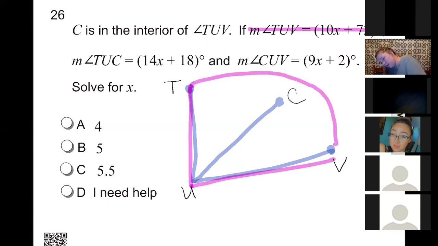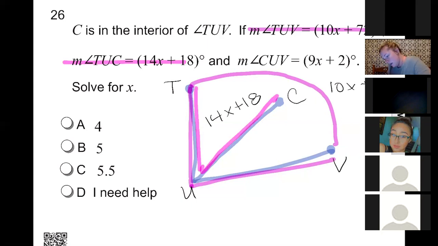Which I'm going to write on the outside right here is 10x plus 72, okay? Then looking at it further on the inside, you have TUC. TUC is right here. And they tell you that is 14x plus 18. And then you also have CUV.